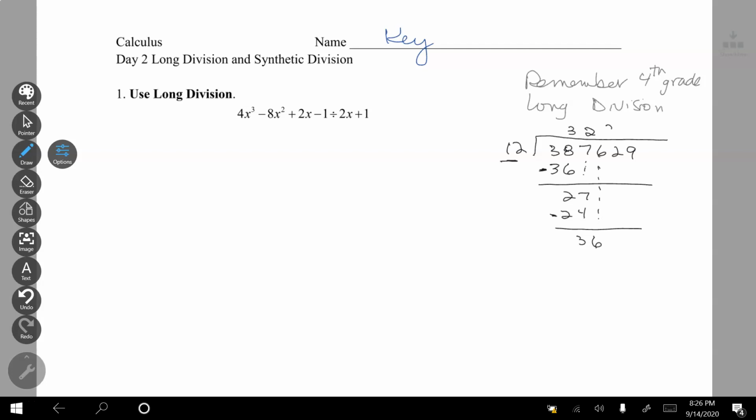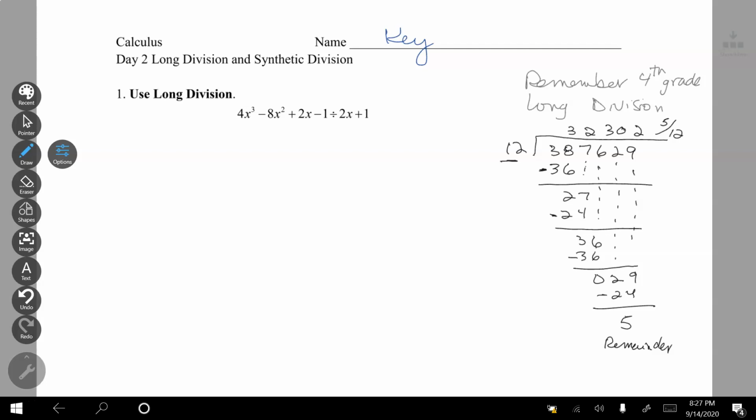And then you said, that's 3, that's 36, subtracted, you got 0, you brought down the 2, it doesn't go in there any times, so you put a 0, you brought down the 9, and you said it went in there twice, you got 24, subtracted, and you got this last number of 5, and that was your remainder. So over here, you put down remainder 5, or maybe 5 over 12 as your remainder.